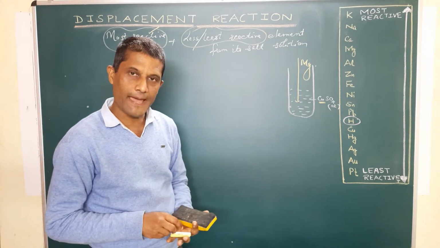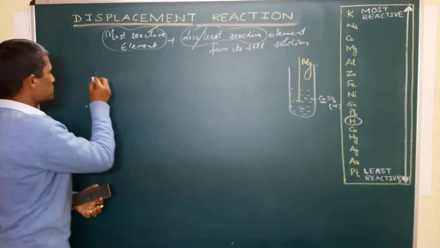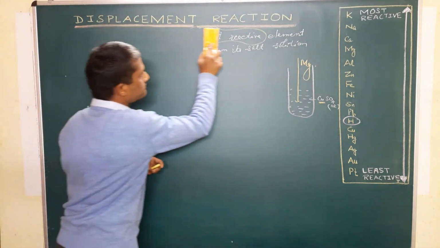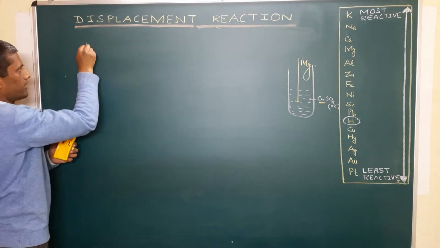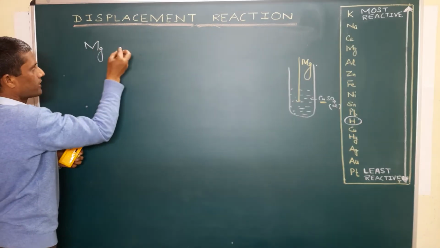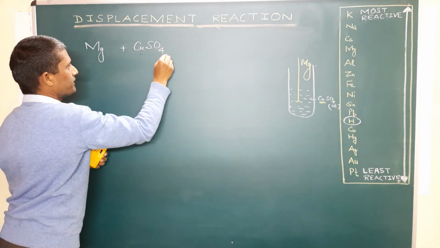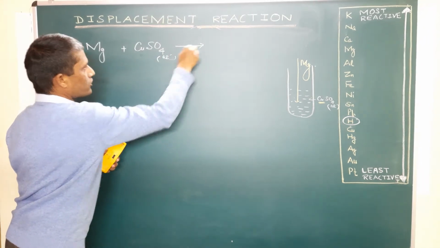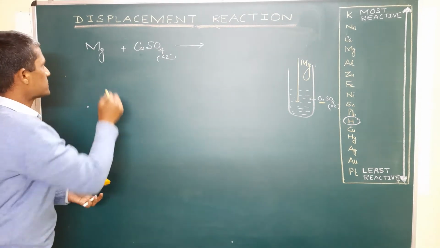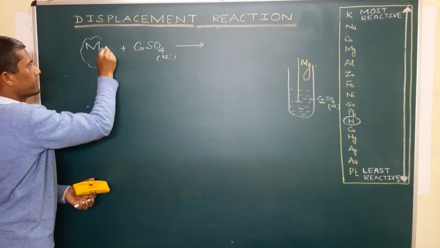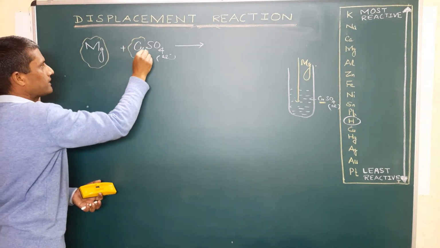So what is going to happen? We are going to write down the reaction here. It is magnesium, and here is CuSO4, cupric sulfate, and the reaction is going to take place. Here it is magnesium and here is the metal present.